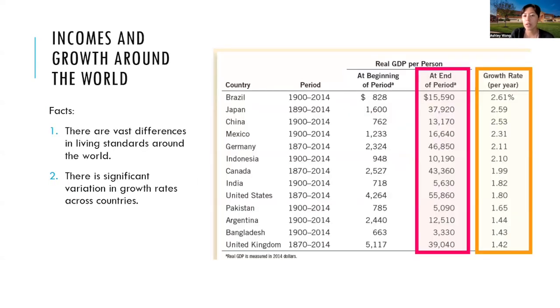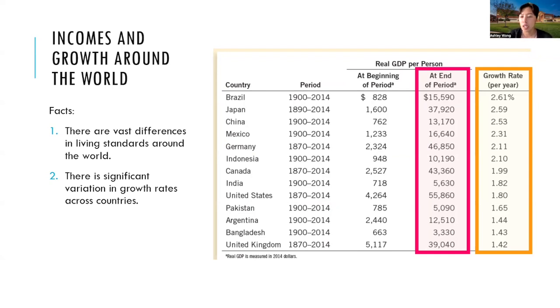All right, to motivate our discussion, we're first starting with this table, and this table is showing us the real GDP per capita for all of these different countries at both the start of this period, so between 1870 and 1900, and the end of this period, which is 2014. So the first thing to notice here is that there's a very large difference in the different living standards around the world.